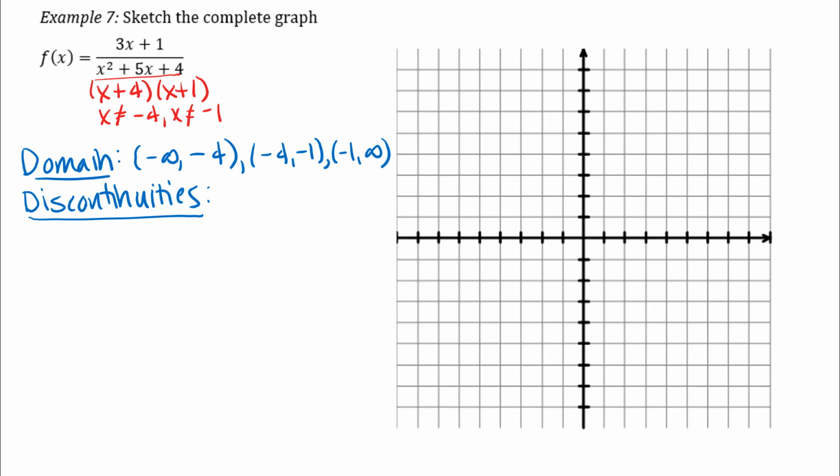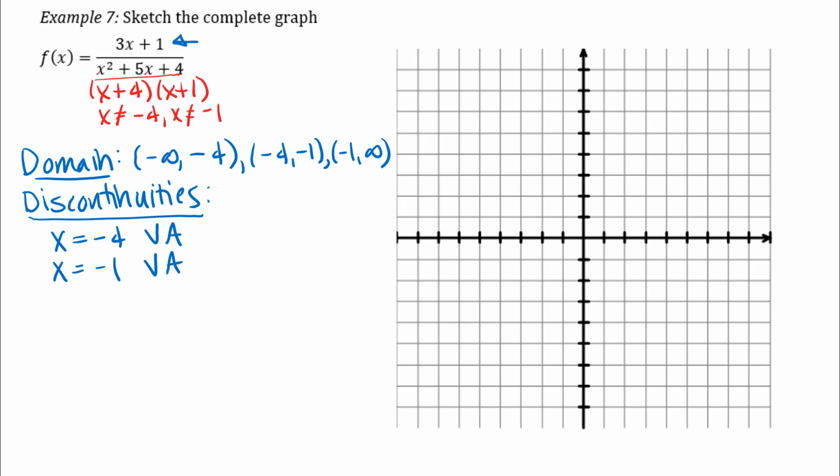The holes occur when you have a factor that cancels, and in the simplified version of the function, you wouldn't have that factor anymore. But I don't have that here. The denominator has factors of x plus 4 and x plus 1, and the numerator does not have a factor of x plus 4 or x plus 1. So for this one, both x equals -4 and x equals -1 are vertical asymptotes.